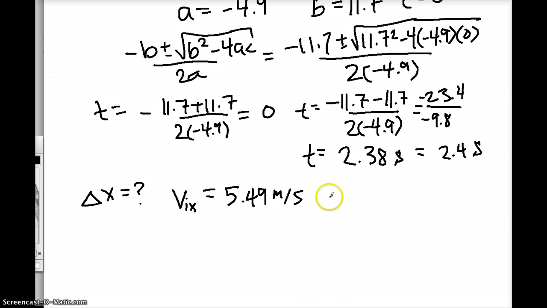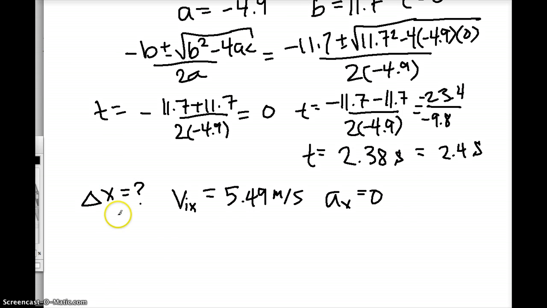What else do I know about the x direction? There's no acceleration. There's no drag force. There's no force acting on it in the x direction that would change its acceleration. And we can get that from Newton's second law: if the sum of the forces is equal to 0, then its acceleration is 0.